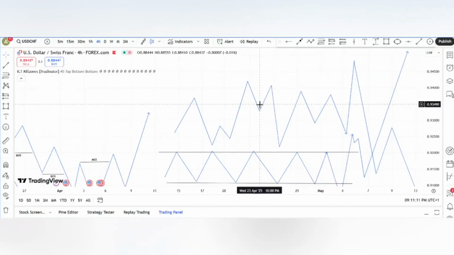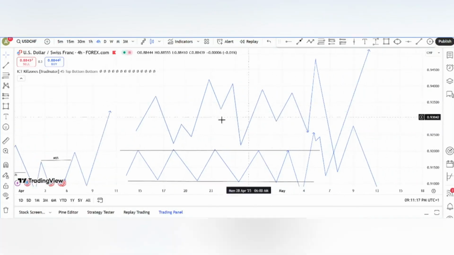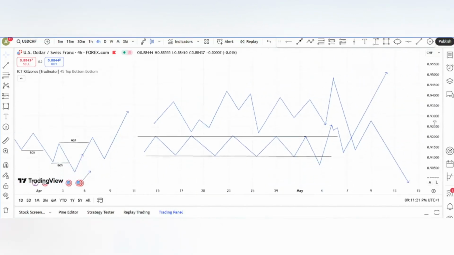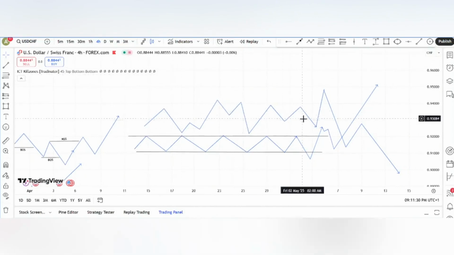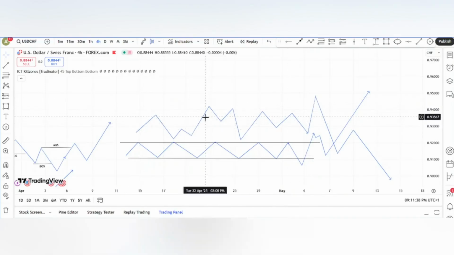So at this point, you don't trade the consolidating market, you don't trade an accumulating market. Rather, what do you do? If you want to partake in this kind of market, you can apply the ICT AMD rule. So what is the AMD rule? Accumulation, manipulation, and distribution. So now we can call this accumulation. So what are we waiting for? Looking at this, we can wait for a manipulation.